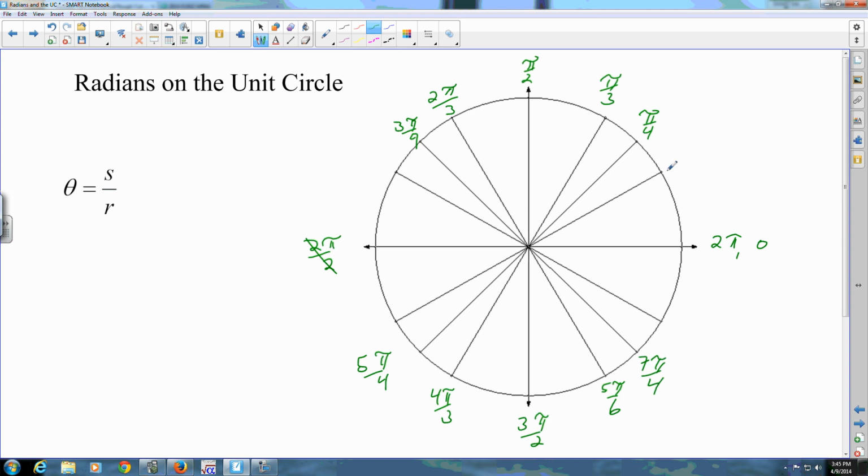Now what's left is the pi over 6. So 30 degrees, pi over 6. There's 1, 2, 3, 4, 5, 6 pi over 6, 7, 8, 9, 10, 11.